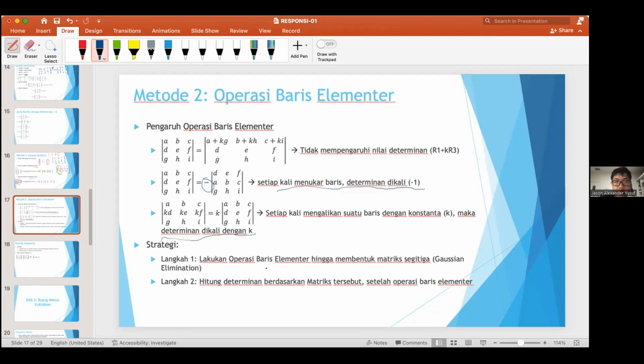So how do I do this? Let's say I have A, B, C, D, E, F, G, H, I. I need to convert this into a triangular matrix. So this is, let's say, A, B, C, then 0, 0, D, E, 0, F. This is called a triangular matrix, just like the one here.